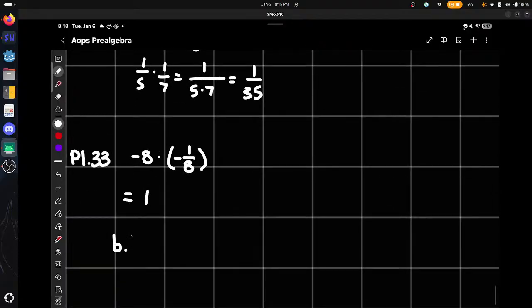B. Explain why the reciprocal of negation 8 is negation 1/8. Okay. So I'm assuming that this can be here, and this can be here.